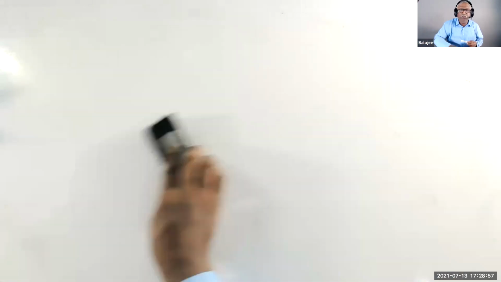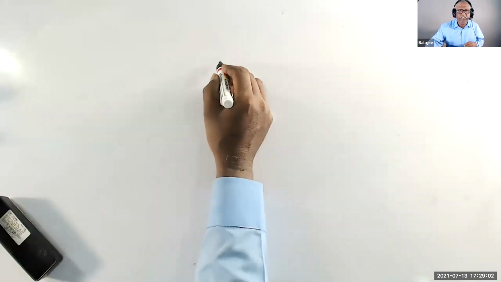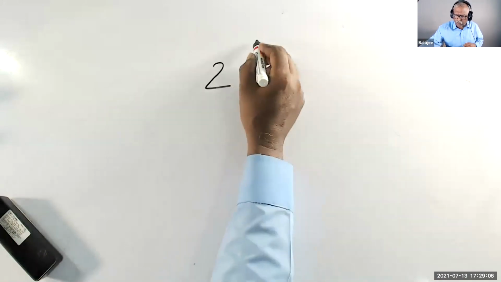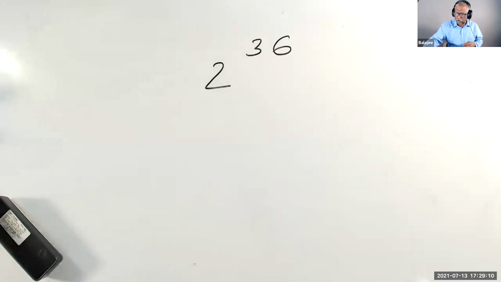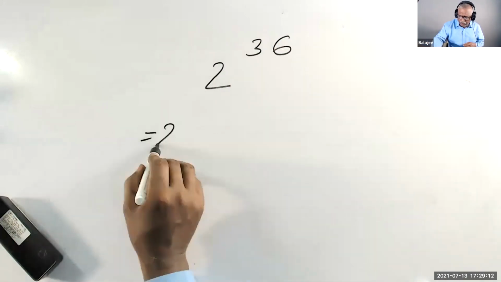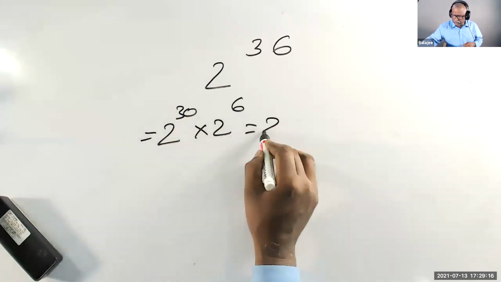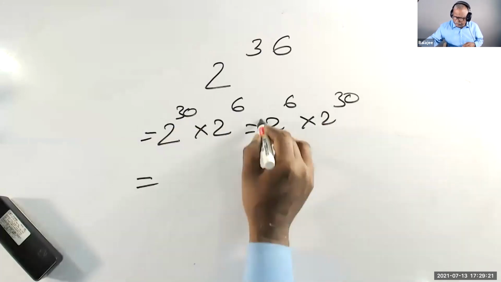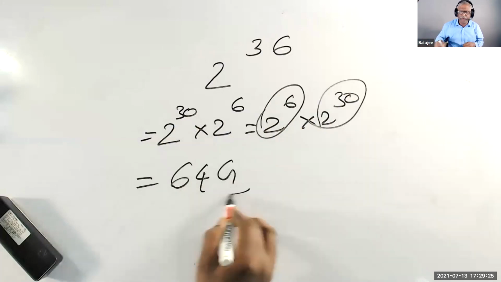If I give a number 2 power 36, you can do 2 power 30 into 2 power 6. 2 power 6 is 64 and 2 power 30 is giga, 64 gig.